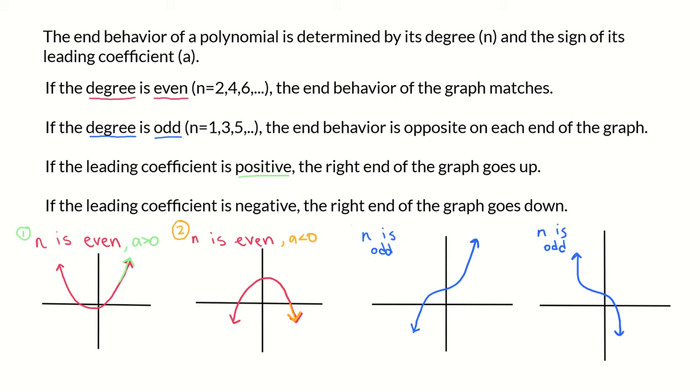In graph number 3, where n was odd, the right end of the graph is going up. So that means that the A value is positive, the lead coefficient is positive. And in graph number 4, where the degree was odd, the right end of the graph is going down. So that means that the A value is less than 0, so the lead coefficient is negative.